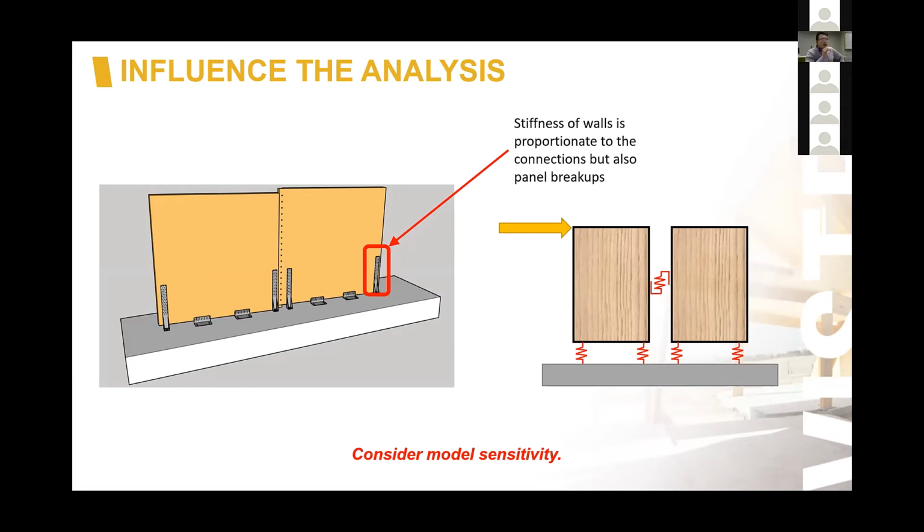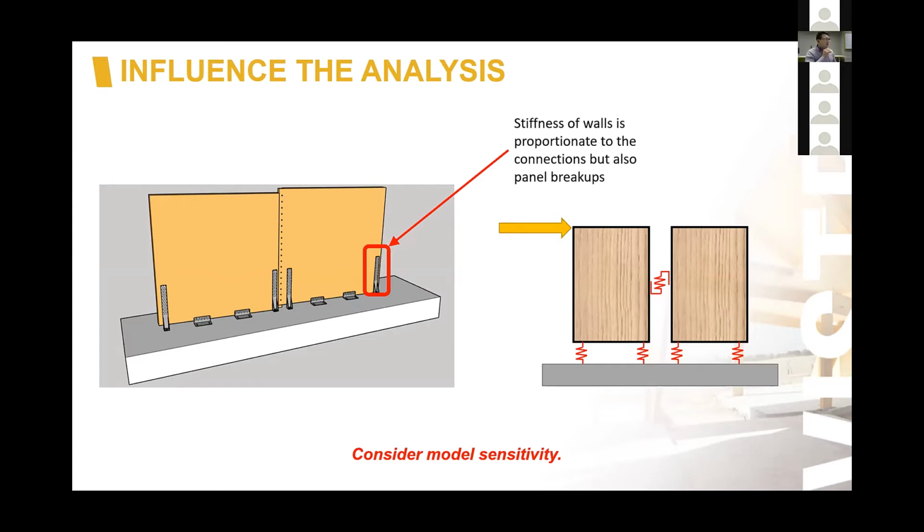Cool. Thanks. So the other thing that really influences your stiffness design and really can't be overlooked is the stiffness of the bracing elements. A CLT wall panel, for example, is only going to be as stiff as the connections. So it's really critical to understand and get a good handle on how stiff those bracing elements are going to be.